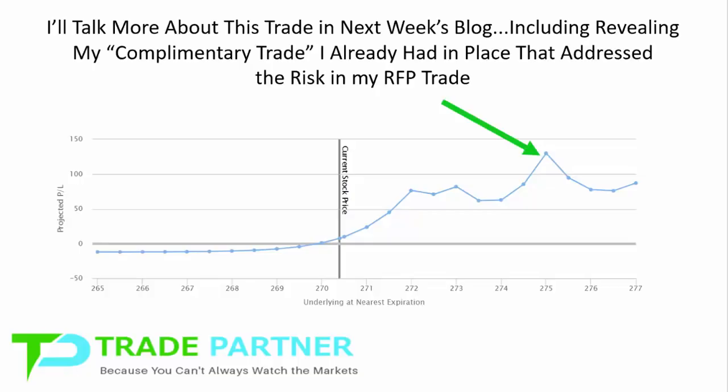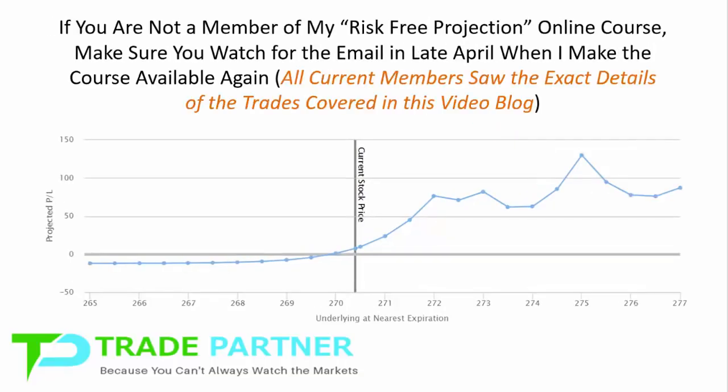You might be surprised at what I do on some of these things. It's really simple. But I already had that trade in place, and so it allowed me to be a little bit more aggressive with my RFP trade, and that is the projection that it produced, and that's again based on one lot and with volatility coming out.